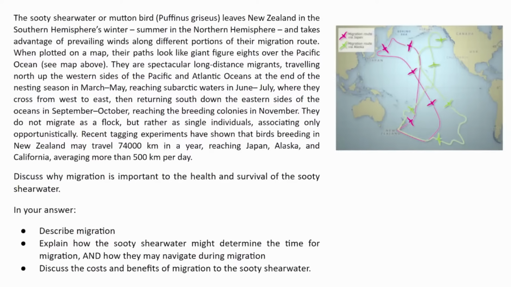So you could talk about them perhaps using the sun to navigate, or the stars. Lots of animals will use multiple navigation methods, so they might use the sun, the stars, and then on a cloudy day or a cloudy evening, they use magnetic fields, because when it's such a high risk undertaking, you want to have a backup.